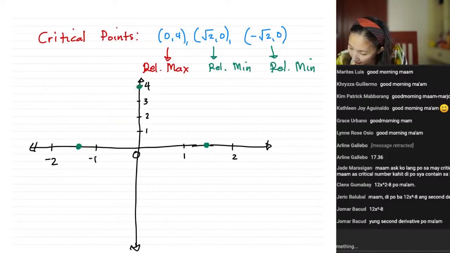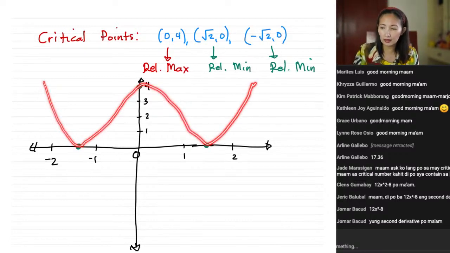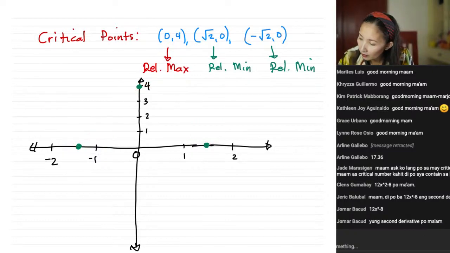Once again, it would look like this. So roughly sketching the graph now, the graph would look like this.